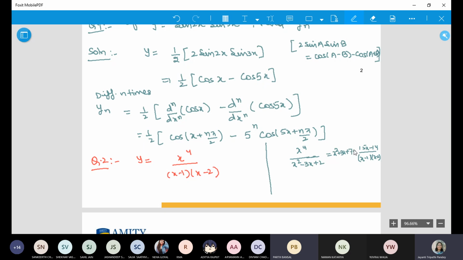Very fast division you did. Ma'am, it is in the assignment, so I have already solved it. Fine. So this is the division. I'm writing it here: x square plus 3x plus 7 plus 15x minus 14 over x square minus 3x plus 2. I'm not writing it in product form, because I have to further split it. Is this division understood?